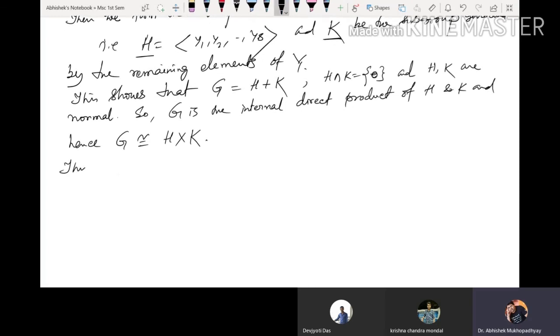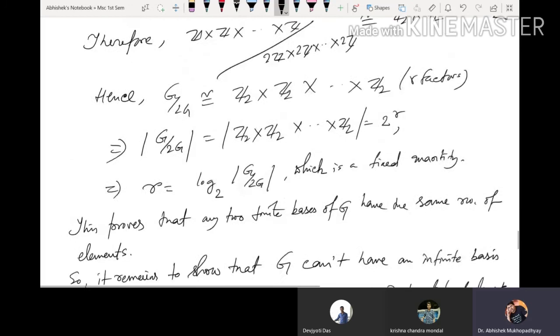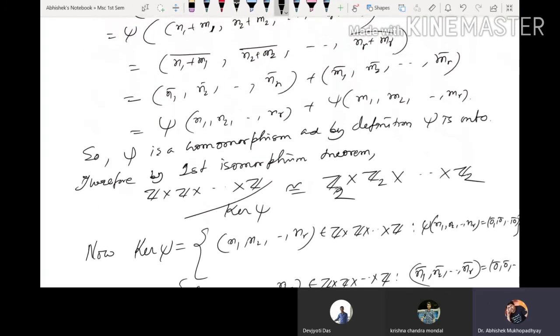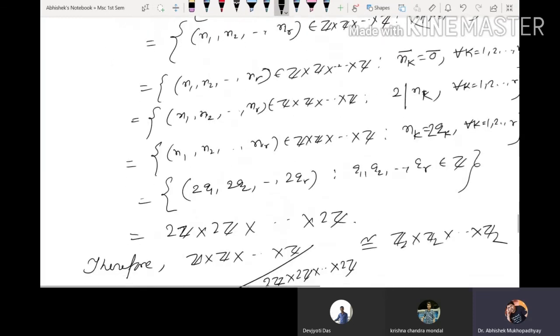which implies that G quotient by 2G is again isomorphic to H cross K quotient by 2H cross 2K, by the same arguments as we have already seen in this proof.